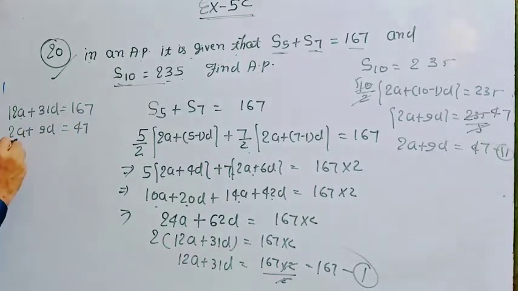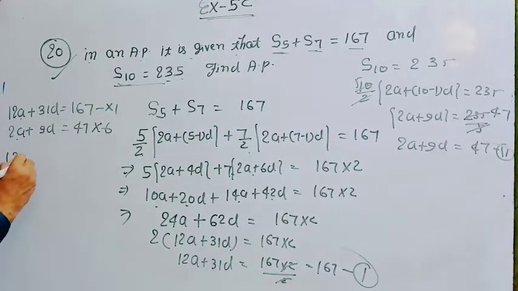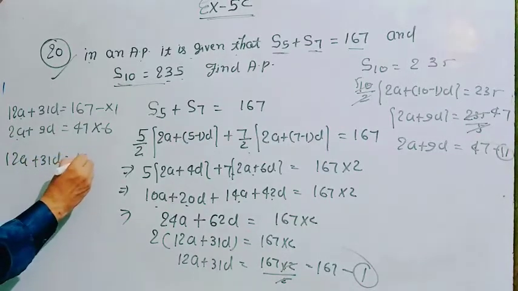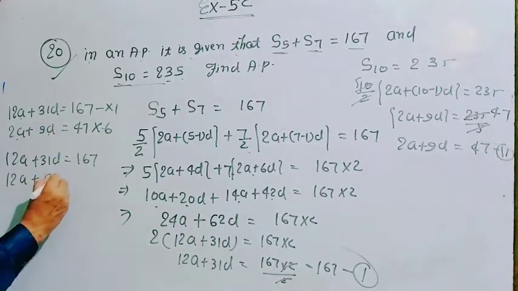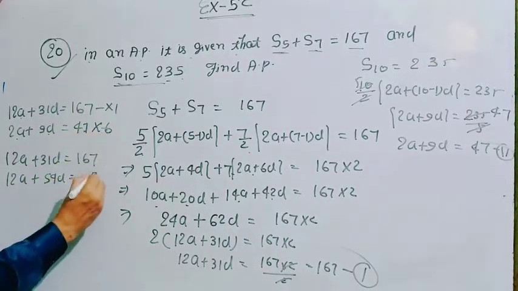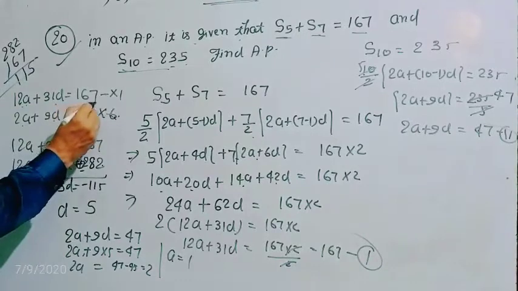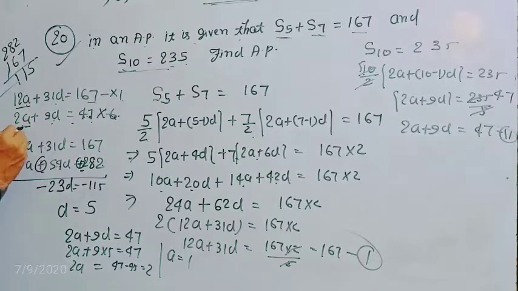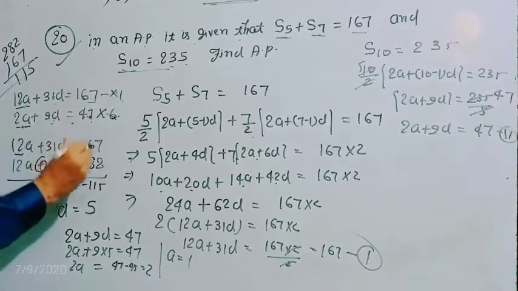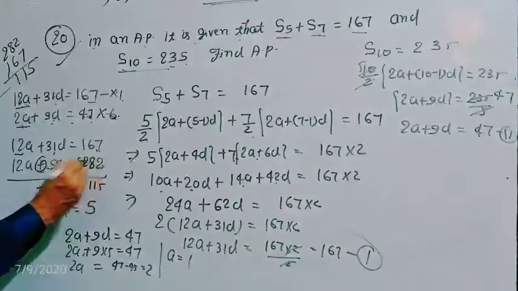So here is 12 and here is 2. So we multiply by 6 and multiply by 1. So what we get: 12a plus 31d is equal to 167, and 6 times 2a gives 12a, plus 6 times 9 gives 54d, is equal to 6 times 47, that is 282.